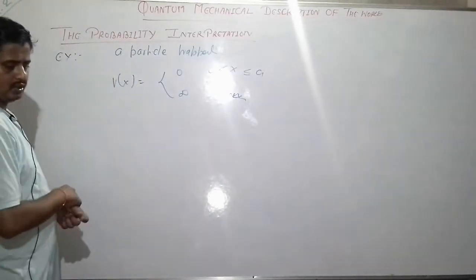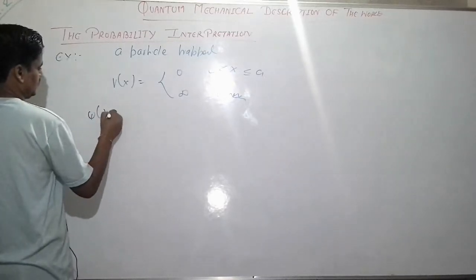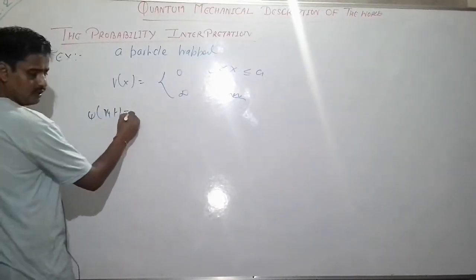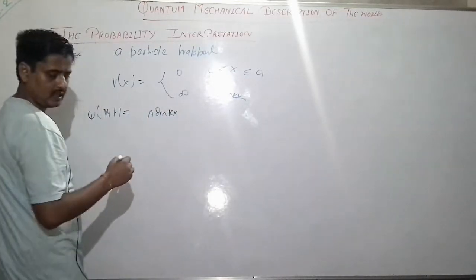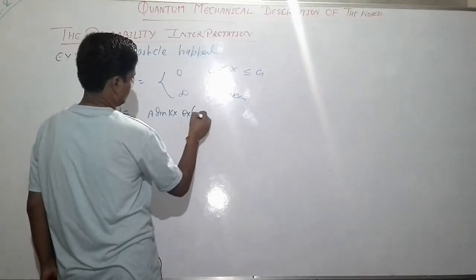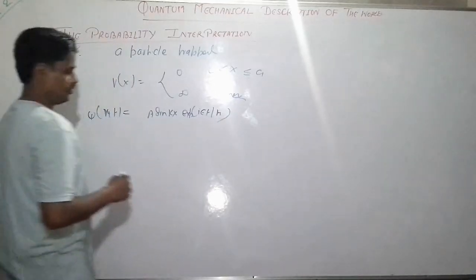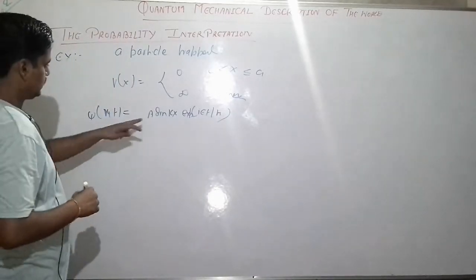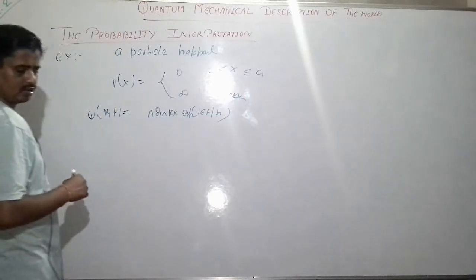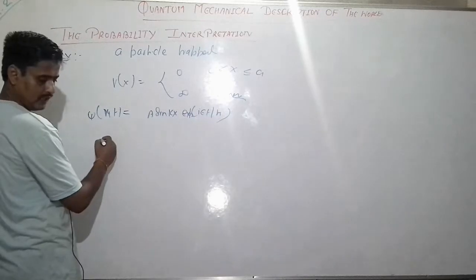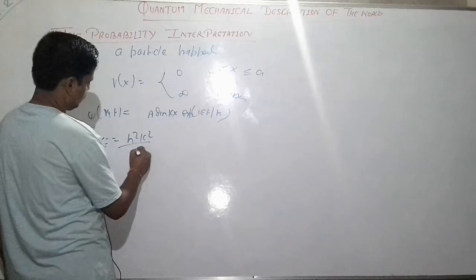We have to show that psi(x,t) equal to A sin(kx) exponential of minus iEt by h-bar solves the Schrodinger equation. Also we have to prove that E is equal to h-bar squared k squared divided by 2m.